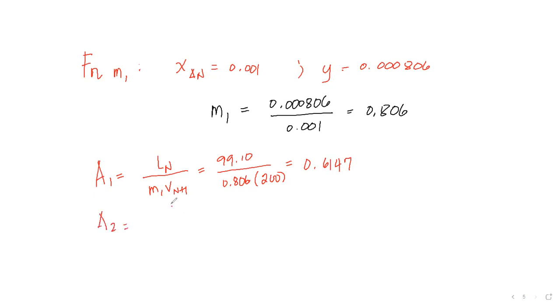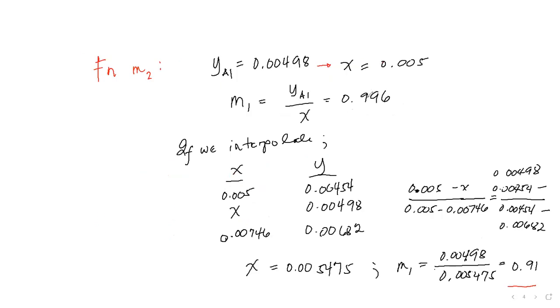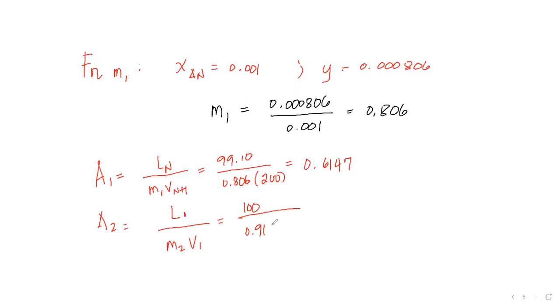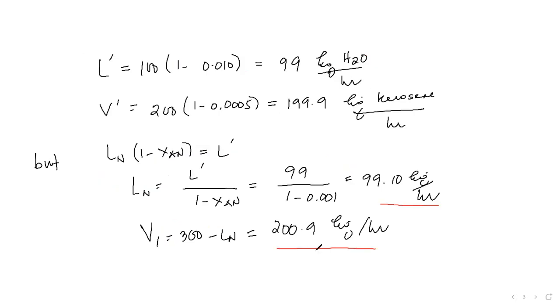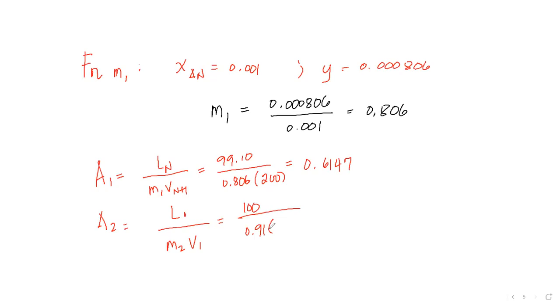We substitute the value. So we have LO, M2, V1. So for our LO, we have 100. For the M2, we have 0.91. Let me check if I have recalled it right. 0.91, right? And for the V1, 200.9.